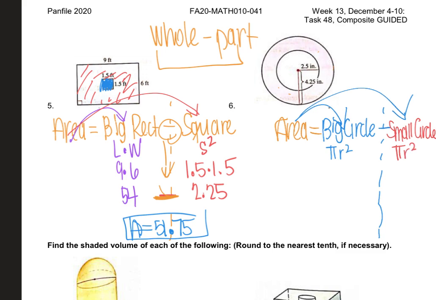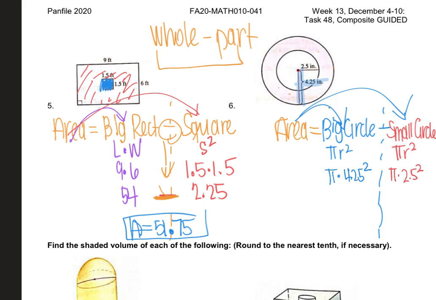And for the large circle, I have that my radius is 4.25. So I have pi times 4.25 squared. And for the other one, I have pi times 2.5 squared. And I'm going to get a lot of decimals for this, but that's okay. I'm going to end up rounding at the end.